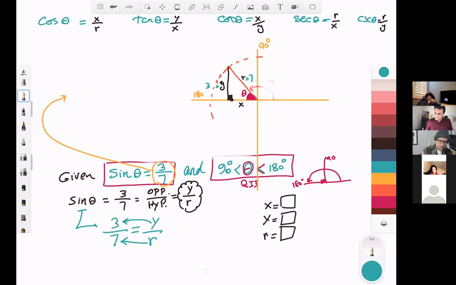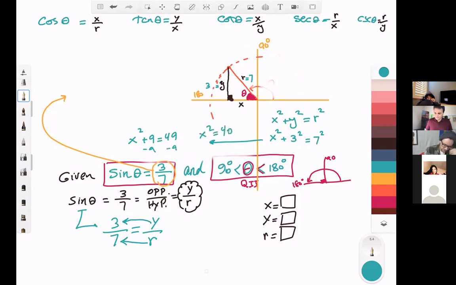Pythagorean theorem. We have x squared plus y squared equal to r squared. We have x squared plus 3 squared equal to 7 squared. From here, we get x squared plus 9 equal to 49, minus 9, x squared equal to 40.